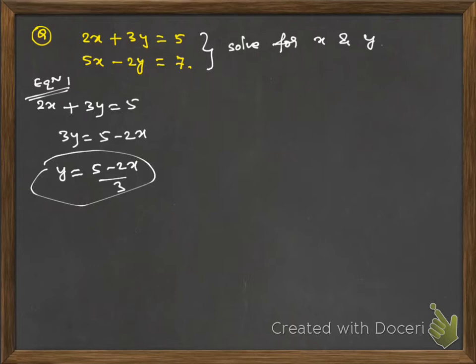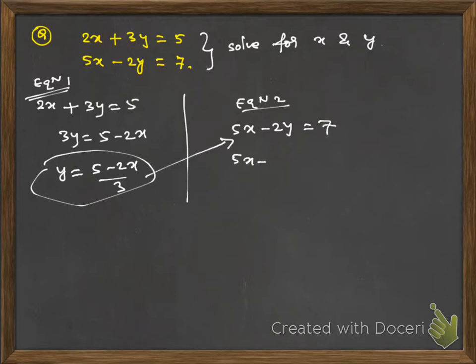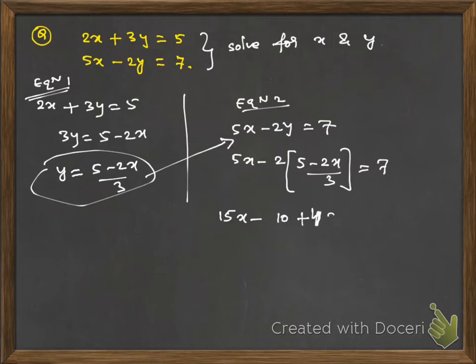Now your equation 2 is 5x minus 2y is equal to 7. Take this and substitute it here. So 5x minus 2 times (5 minus 2x) by 3 is equal to 7. So 3 into 5 is 15x, minus 2 into 5 is 10, minus of minus is plus 4x, whole divided by 3, equal to 7.